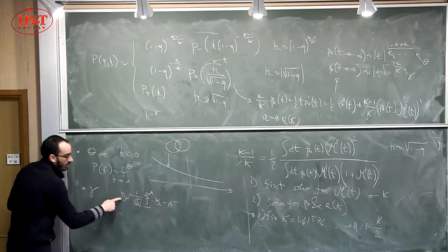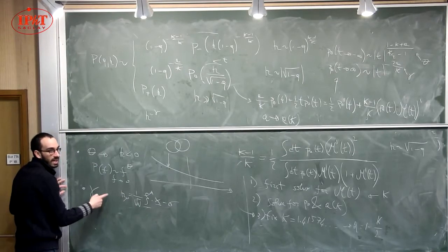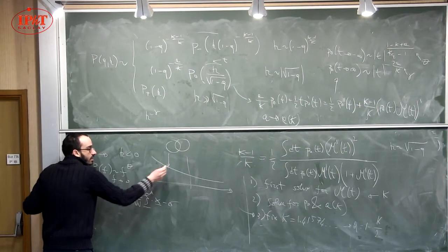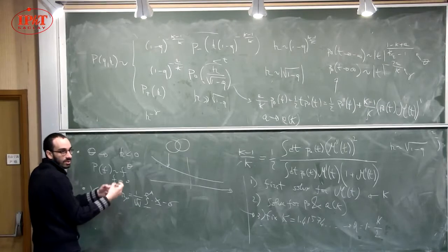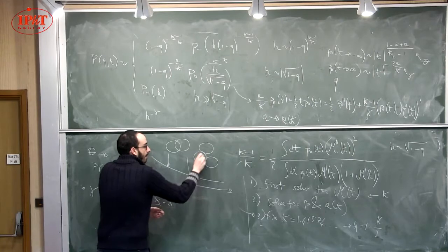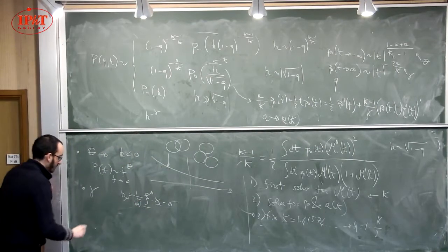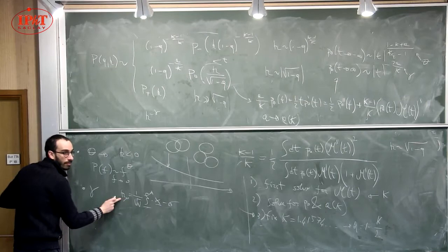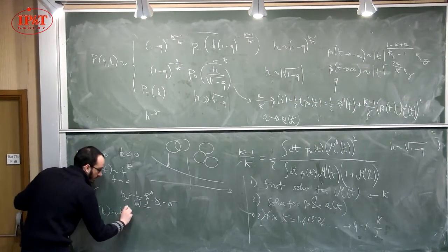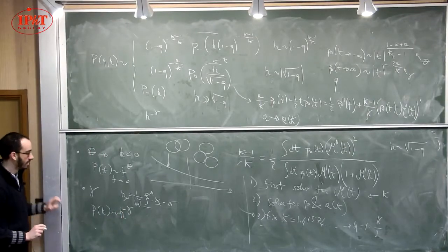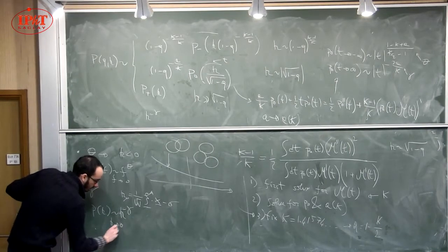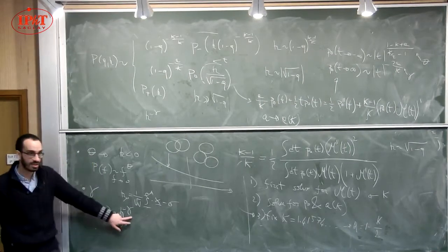You can plot the histogram of this h for the ones that are positive. You are here at jamming. Some of them are at 0 because these are contacts, and some of them are positive. The distribution of the positive ones goes like h to the minus gamma, as h goes to 0. So you can compute this exponent.